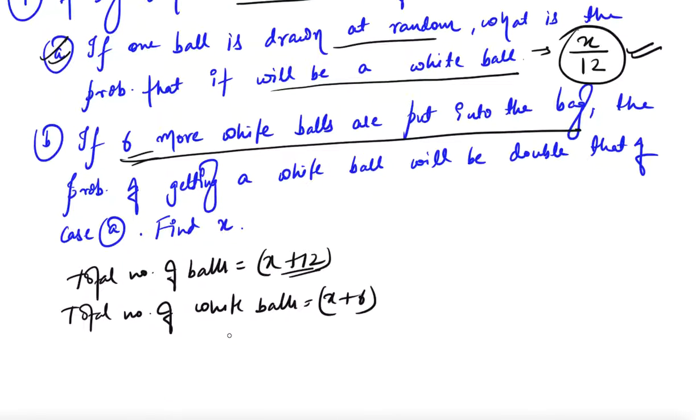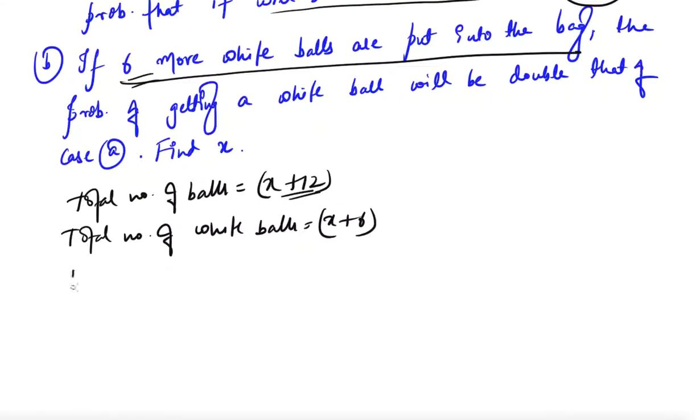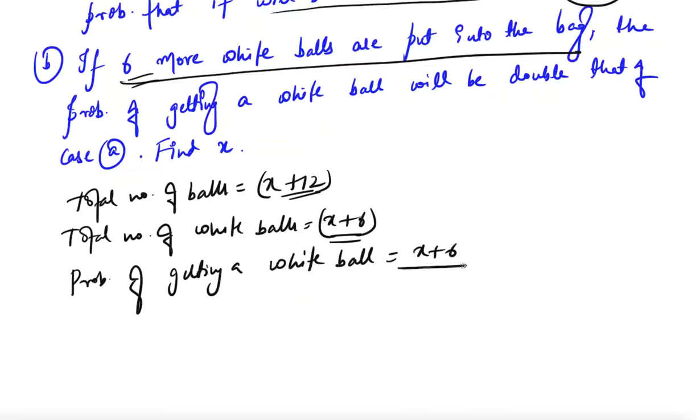So now what is the probability of getting a white ball? Probability of getting a white ball will be X plus 6, number of white balls, divided by total number of balls in the given bag. Now it is given that this probability is double that of case 1.